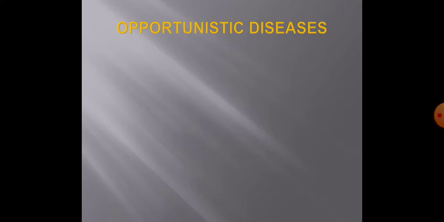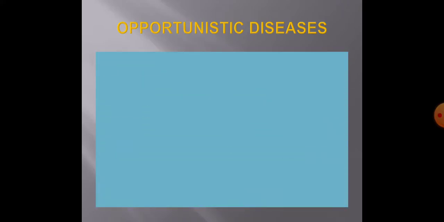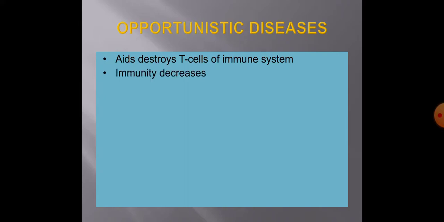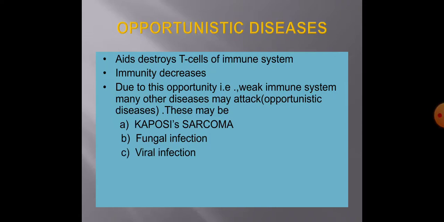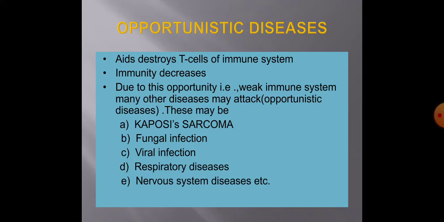These opportunistic diseases may include Kaposi's sarcoma, which is a kind of skin cancer or skin lesions, fungal infections, viral infections, gastrointestinal diseases, respiratory diseases, eye diseases, nervous system diseases, etc. may attack.